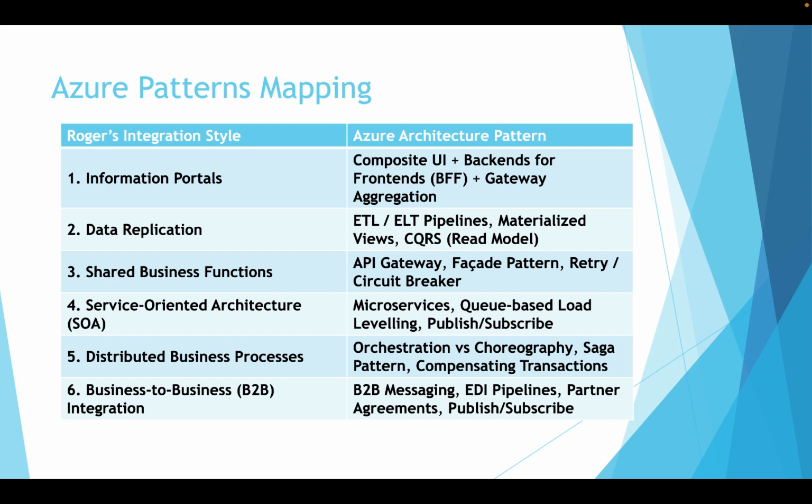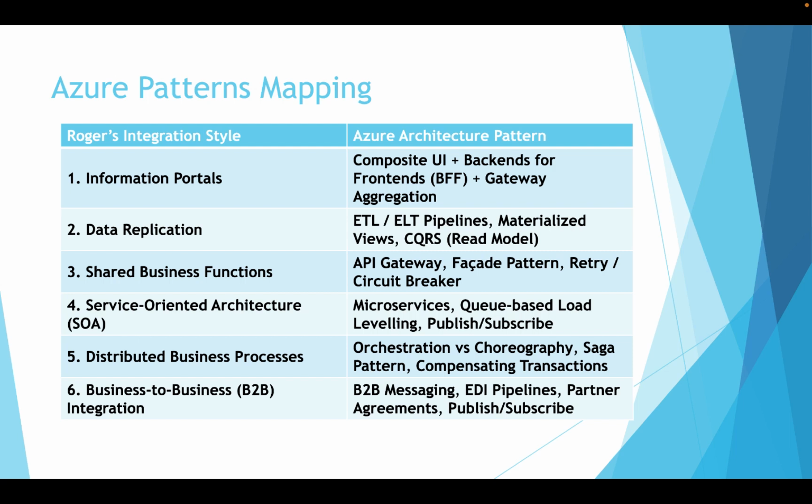Now, when we come to service-oriented architecture, SOA is very much like we're talking about microservices. It's queue-based load leveling and publish and subscribe. Now, the next one is distributed business process. In this scenario, we use orchestration versus choreography, and Saga patterns, and compensating transactions. So what I'm saying here is we need something to complete the process.